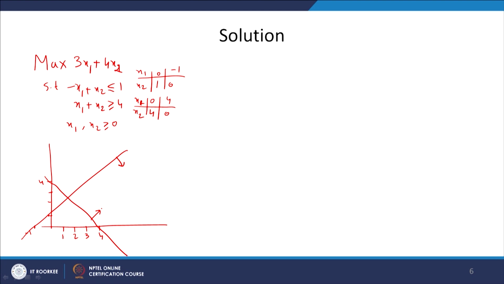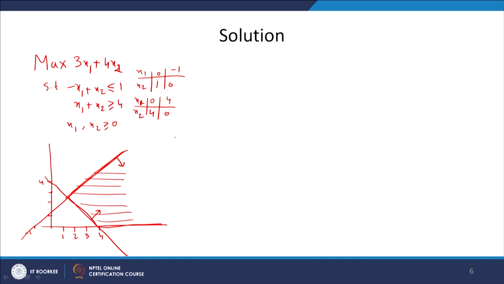Therefore, what is the feasible region? The feasible region is shown in this region. This is the feasible region, and let us now try to find out the coordinates.